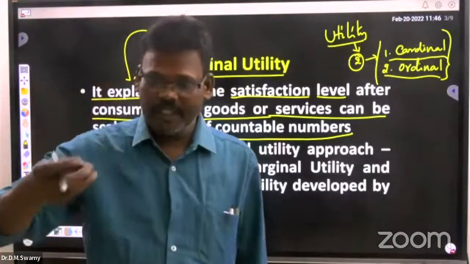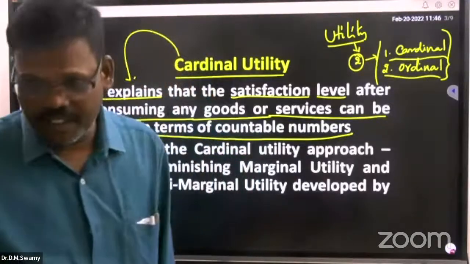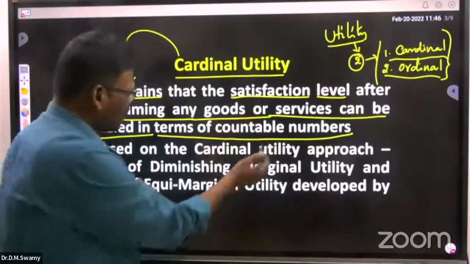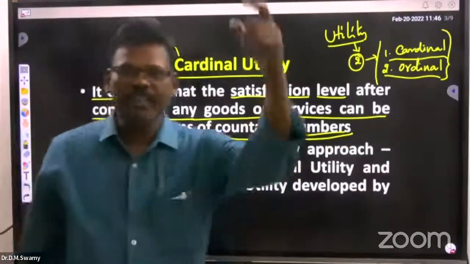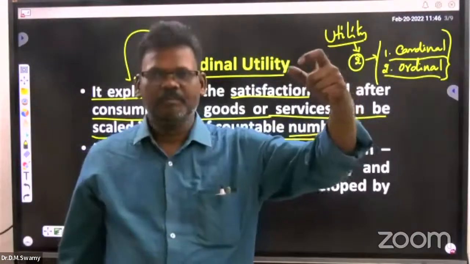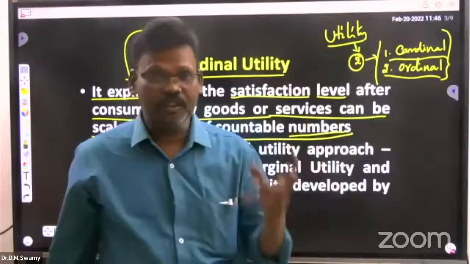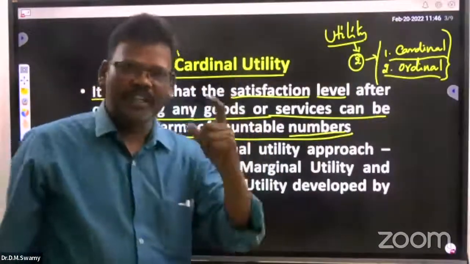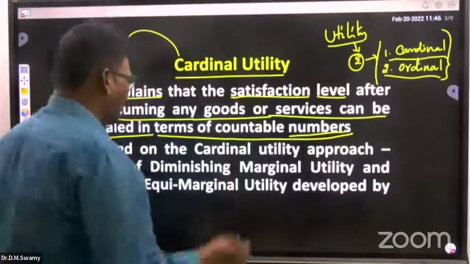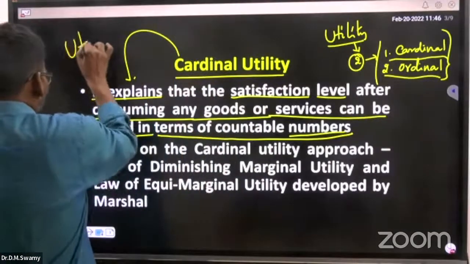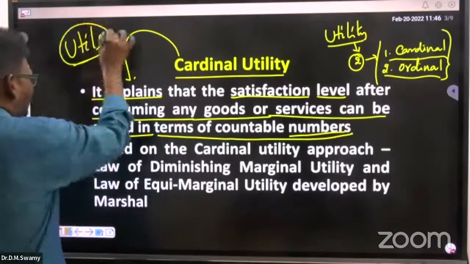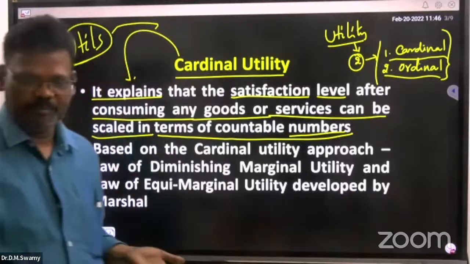That utility can be explained in terms of countable numbers, so we are getting this much utility. There is a measurement unit called utils. Utils is a measurement to measure the utility.